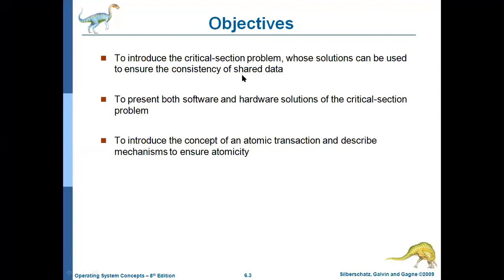In order to solve the critical section problems, we have both software solutions and hardware solutions available. And at the end of this topic, we have a concept called atomic transaction. Atomic transaction is for ensuring the atomicity. You will come to know when we discuss the particular topic. So these are the objectives of this process synchronization chapter.